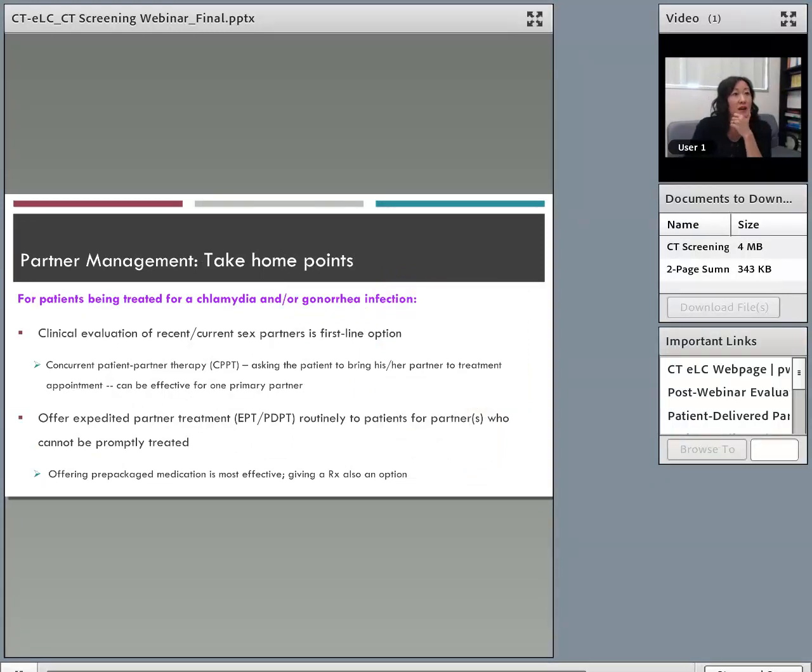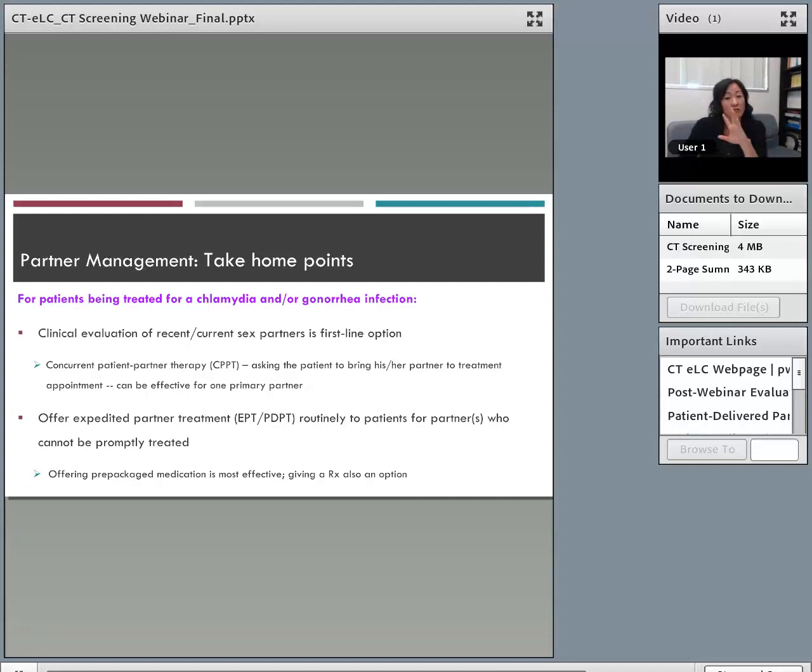And then one thing I wanted to point out, as a wrap up of what we talked about, is that for partner management, if you're treating someone for chlamydia or gonorrhea, obviously if you can get the partner into clinic, that's ideal. Barring that, concurrent patient-partner therapy, asking someone to bring their partner in, works well if you have one partner.